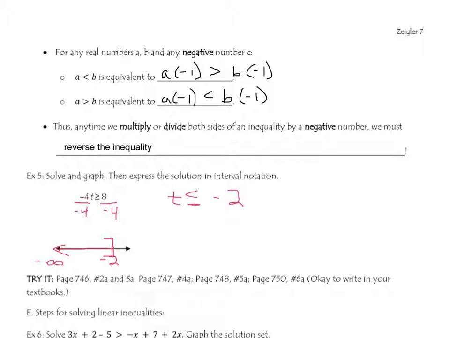And now we look at our number line and we see on the left -infinity, which always gets a parenthesis. On the right we see -2 with a bracket, and there is our interval solution. So I encourage you to try it, practicing these problems on pages 746 through 750.